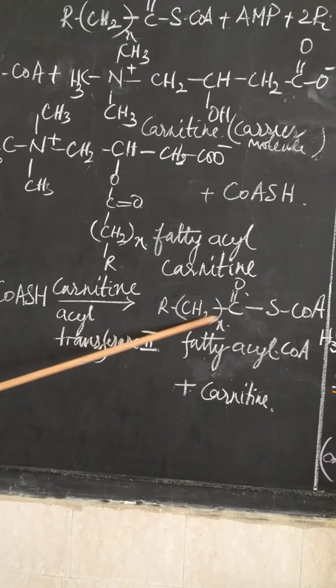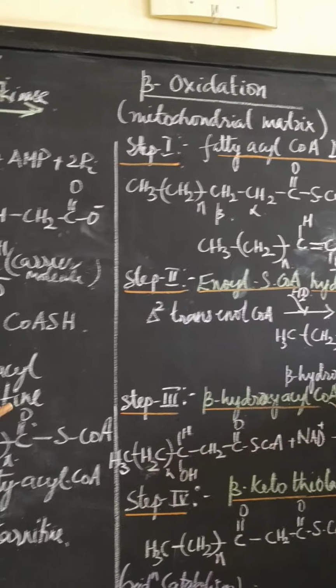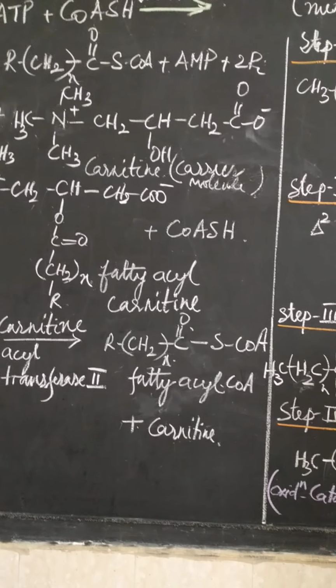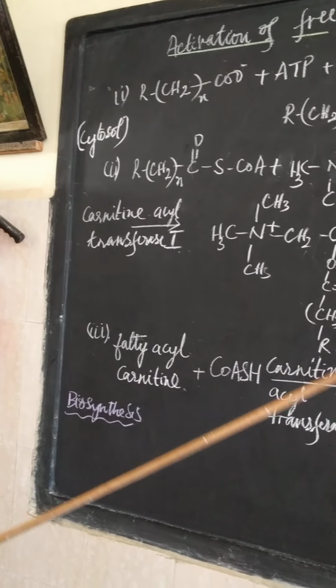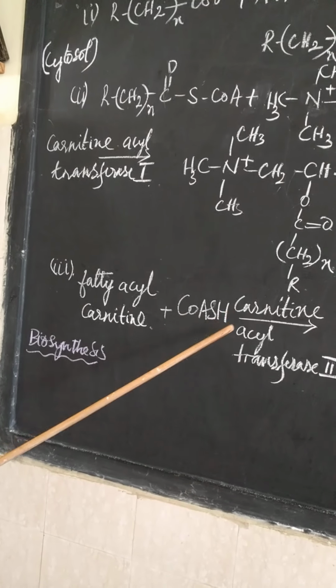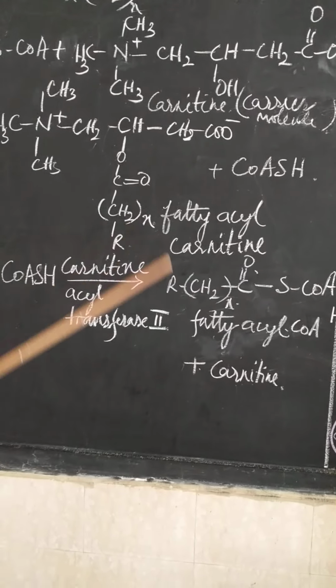Now this fatty acyl CoA can enter into the mitochondrial matrix. The carnitine transfers the acyl group there, and the fatty acyl CoA is released.